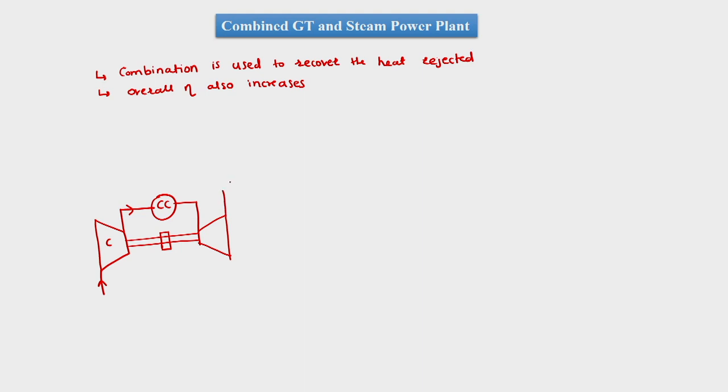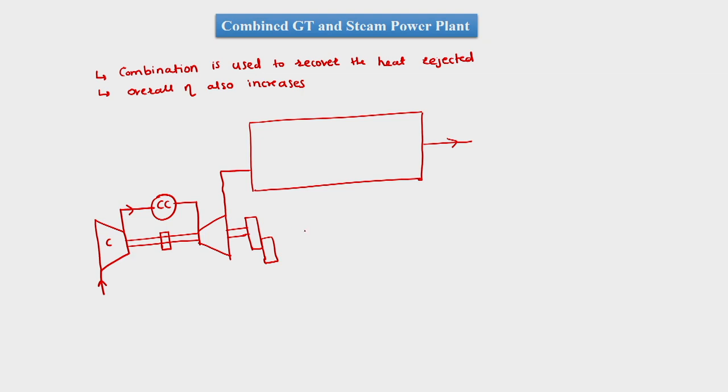This turbine exhaust is given to the boiler of the steam power plant, and then it is exhausted from there. This shaft is connected by a gearbox to the shaft of the generator. So this is the gearbox and this is the generator.